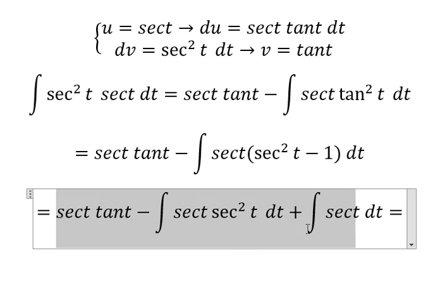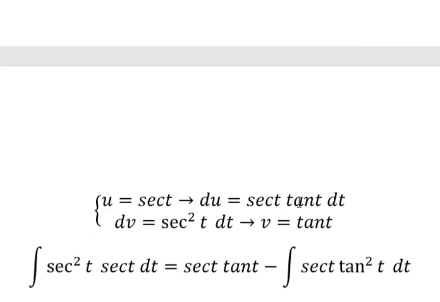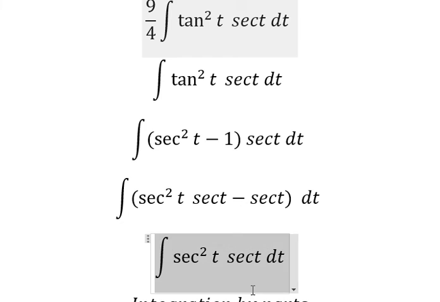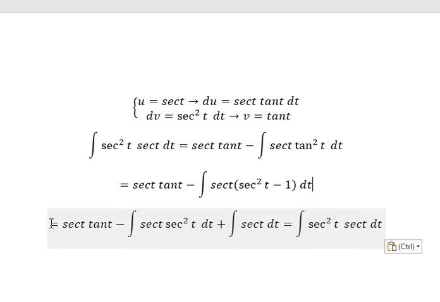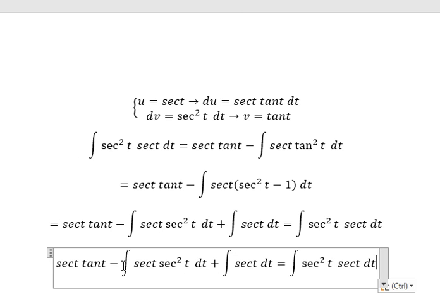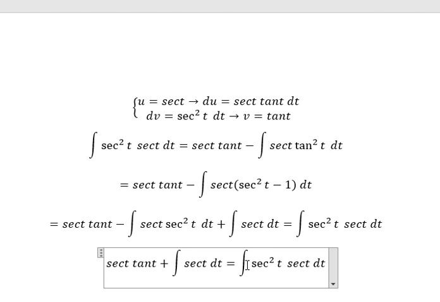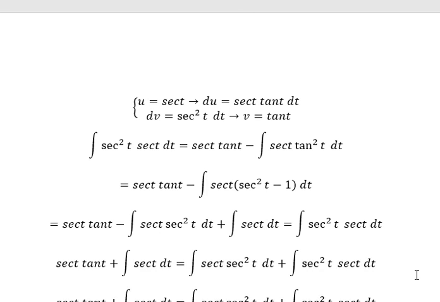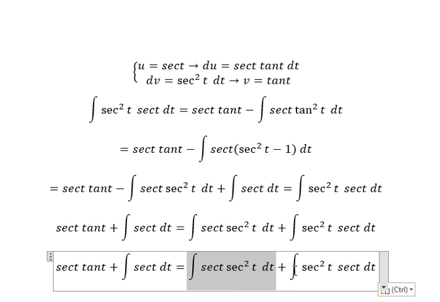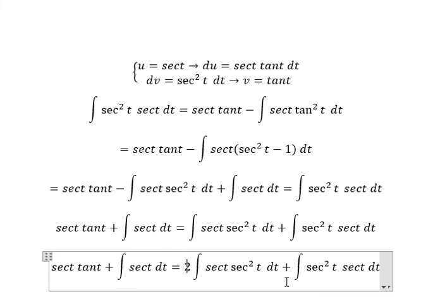And we know that this one equals to this one. So I will put this one go to the right. So this one plus this one, we have number 2.